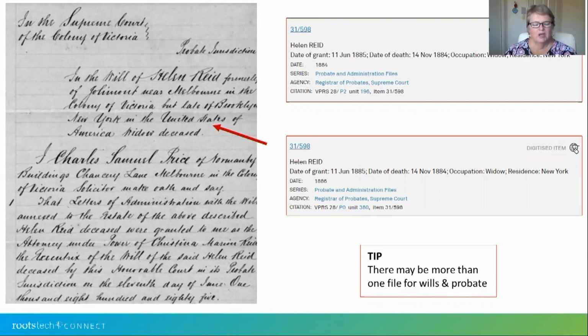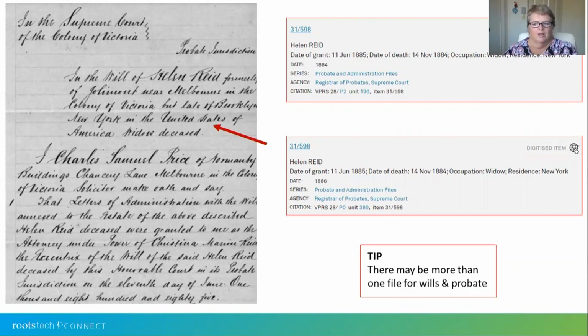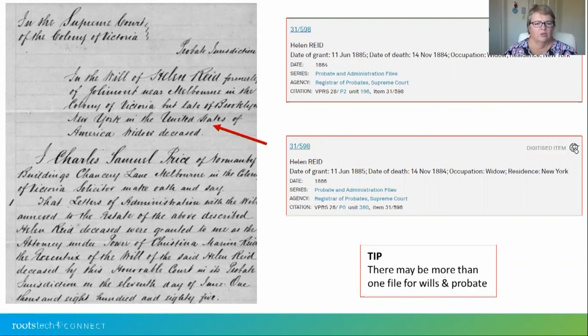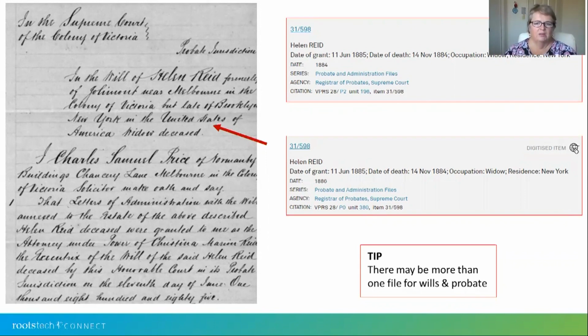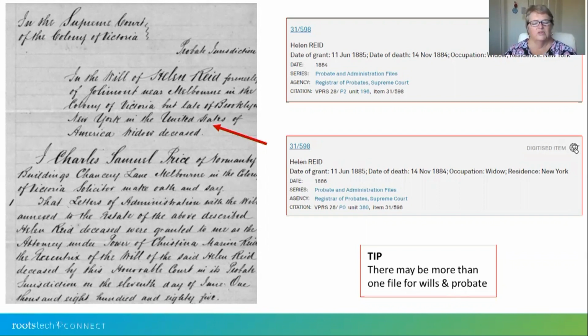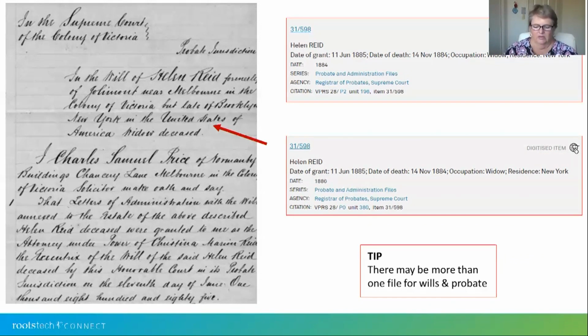So there may be people in your family tree who have disappeared from the US and they've moved down under for whatever reason. In Victoria, there may be one or more files for probate. So make sure that you pick up all the files that are relevant.